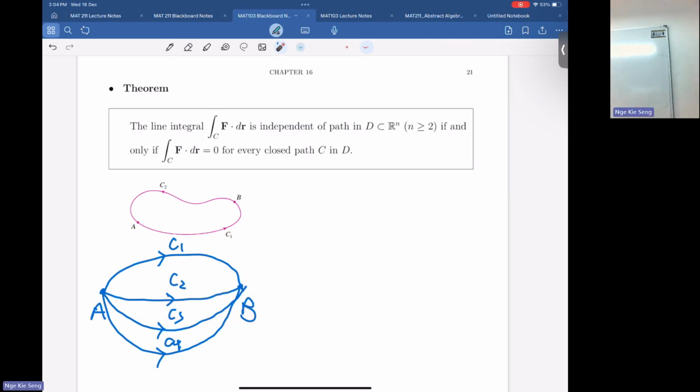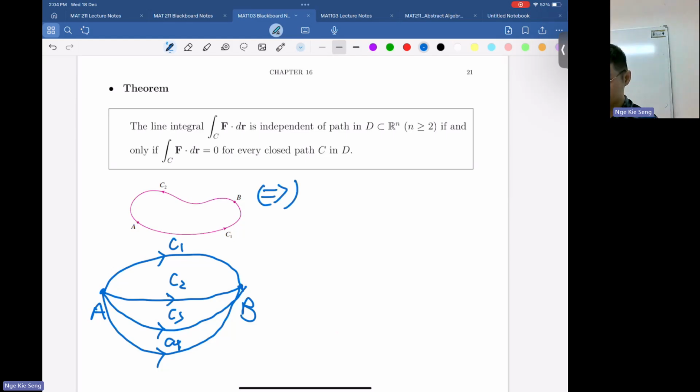So if you change the orientation of the path, meaning you are moving from the endpoint to the starting point, which direction is easier to prove? I claim that left to right is easier to prove.